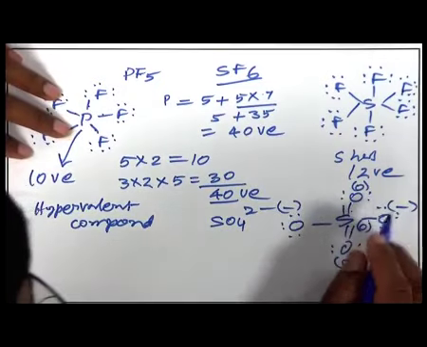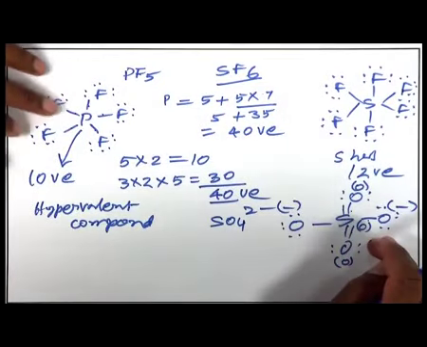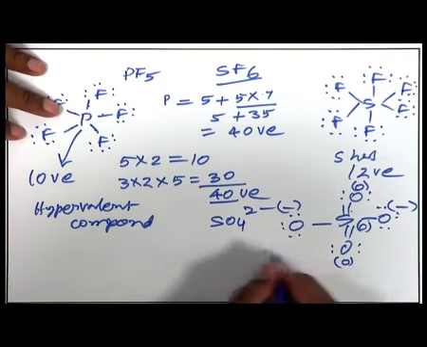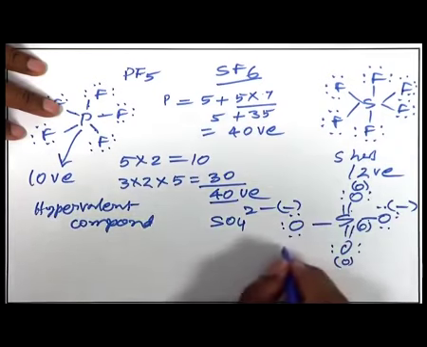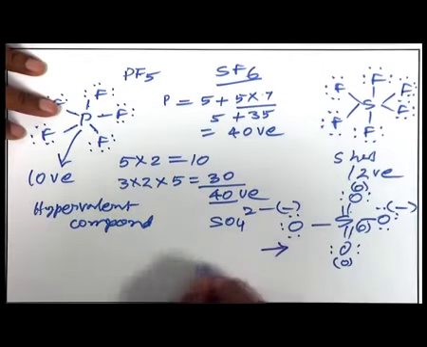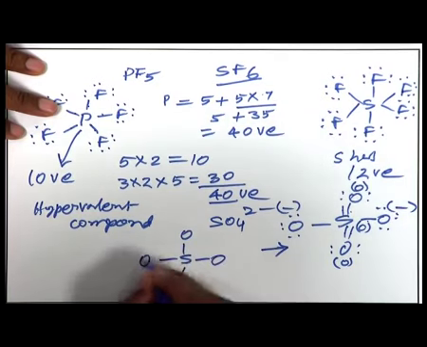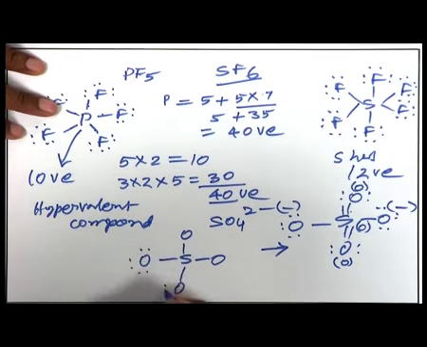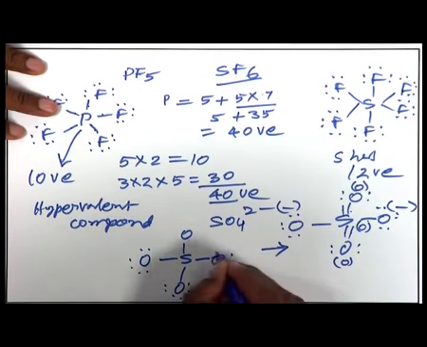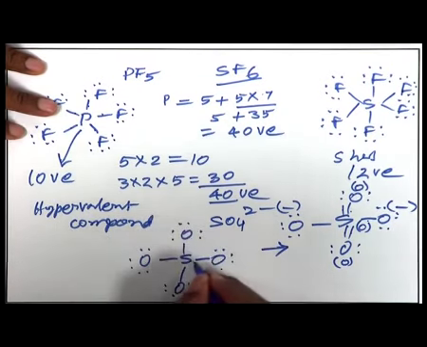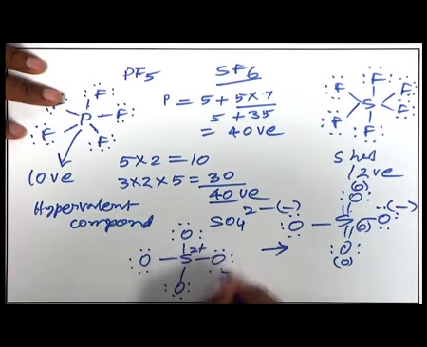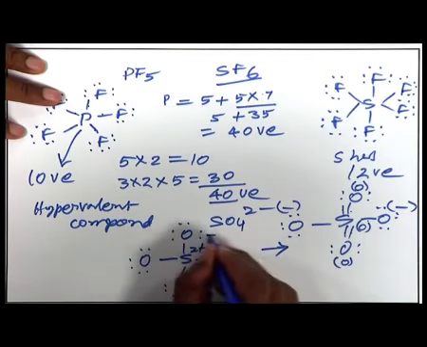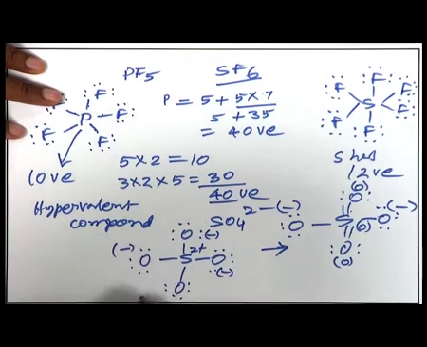This structure is drawn to avoid the higher formal charge. Another structure you can draw from here: the formal charge on this sulfur atom is 2 plus, and each of these oxygens is minus.